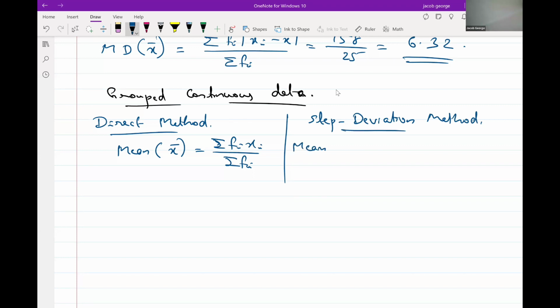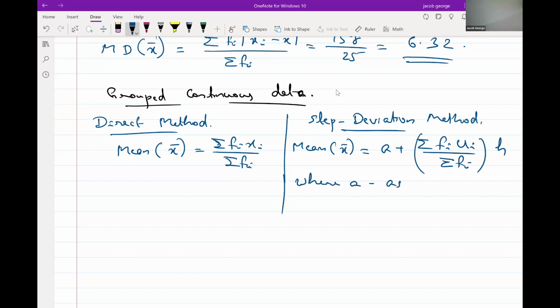Mean x bar is equal to a plus sigma fi ui by sigma fi into h, where a is the assumed mean. u is equal to, do you remember what u was? xi minus a by h, and h is the class size.